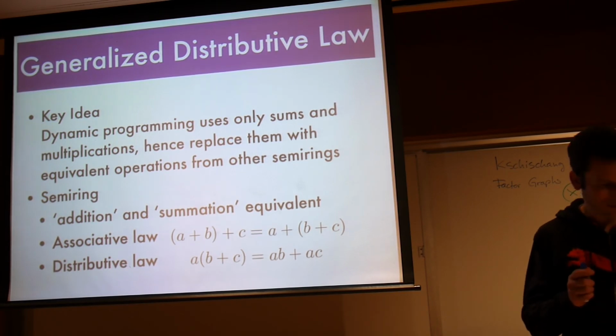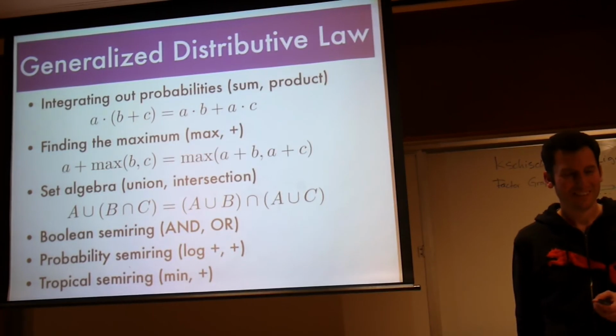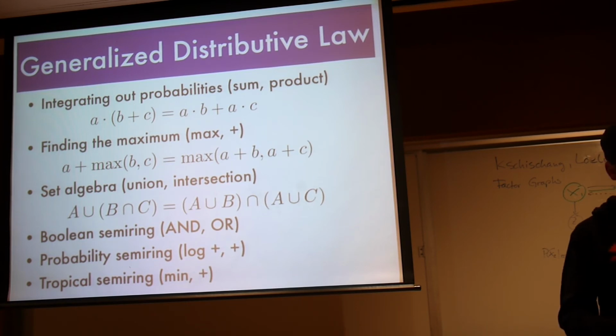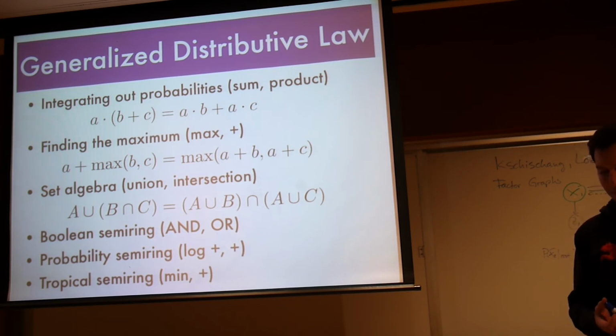Okay. Very good question. And that's exactly on the next slide. So, basically, for the purpose of this class, all you need to care about is that those two laws, namely the associativity and distributivity, apply and the operations are well defined. So in other words, you need to be able to define an equivalent of a sum and a product, and you need to be able to operate with it.